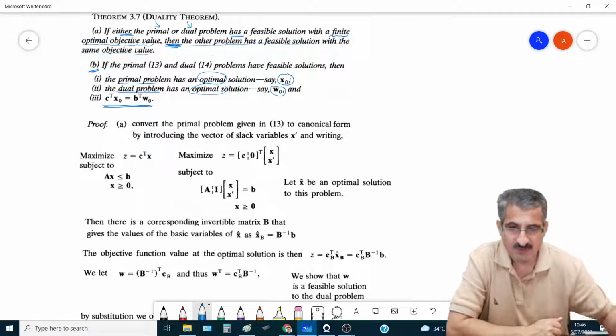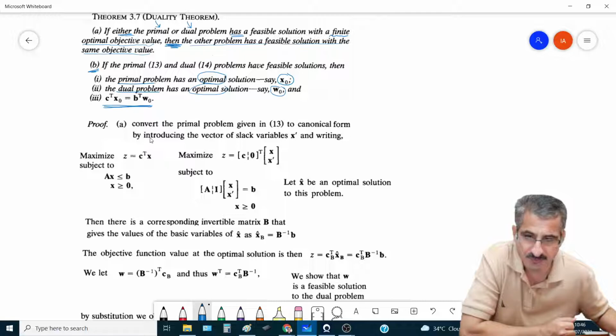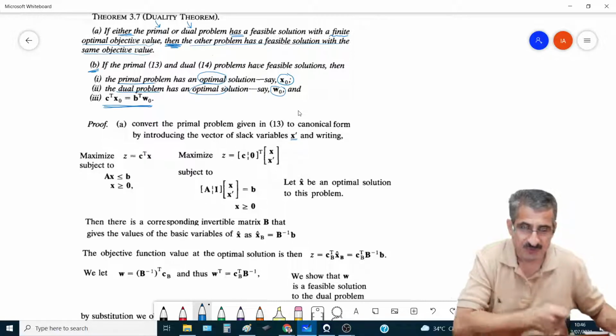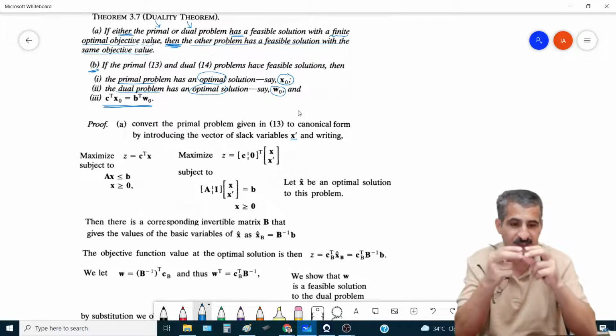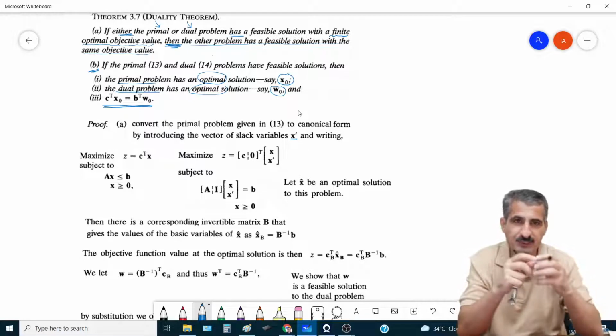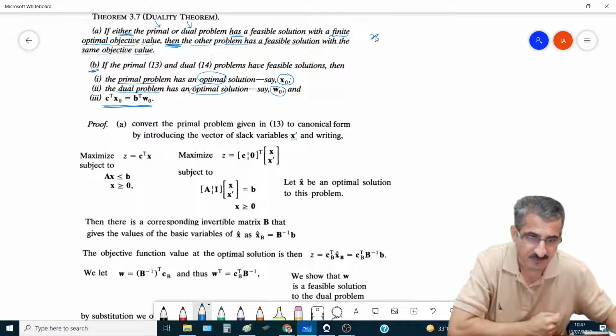Okay, now converting the primal problem in 13 to canonical form, introducing slack variables, which we call x prime. You know, the slack variables, you call them xn plus 1, xn plus 2, and so on. These together make a vector. Like the vector x, we know the vector x is our original variables, say from x1, x2 to xn.